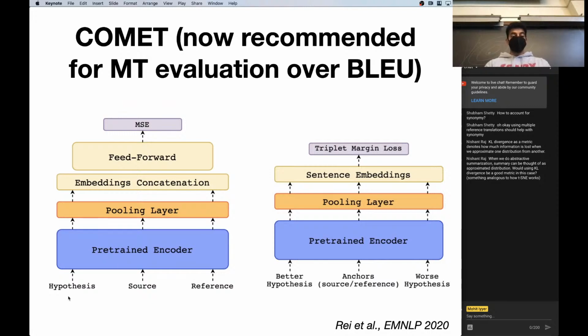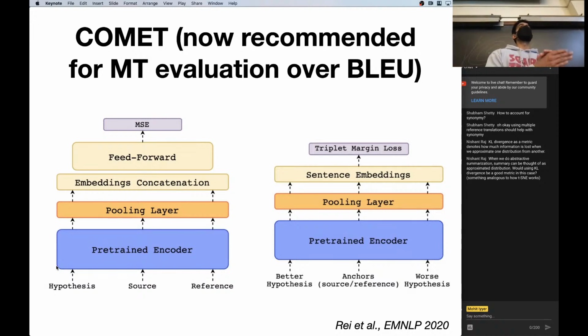The inputs to this model are a concatenation of the hypothesis, which is the thing that is generated by the machine translation system, then the source sentence, which could be in a different language, and the reference, which is the human written reference. So I have all three of these as input to my model, and I pass it through BERT.